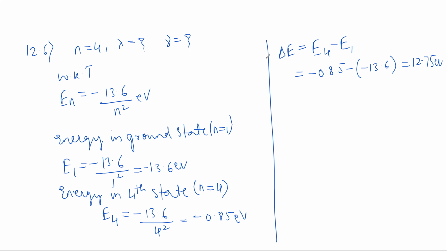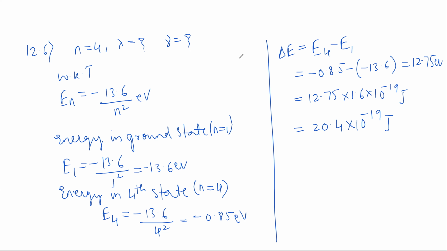We multiply 12.75 into 1.6 into 10 to the power of minus 19, because we have to convert to joules. Multiplying, we get 20.4 into 10 to the power of minus 19 joule.